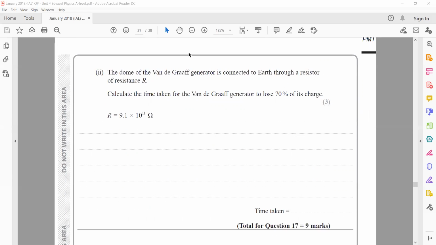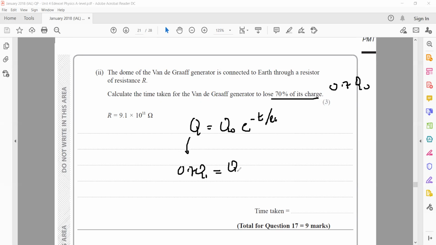Or you can also use this formula: Q equals Q naught e raised to power minus t over RC. So 70% of its original charge, I can say 0.7 Q naught, because in terms of decimal 70% of Q naught is 0.7 of Q naught.